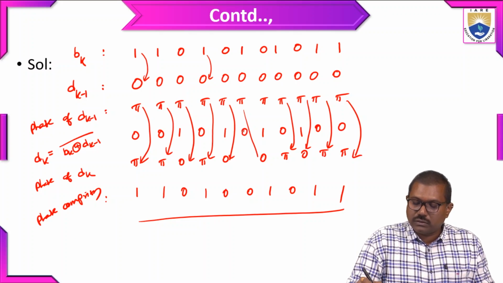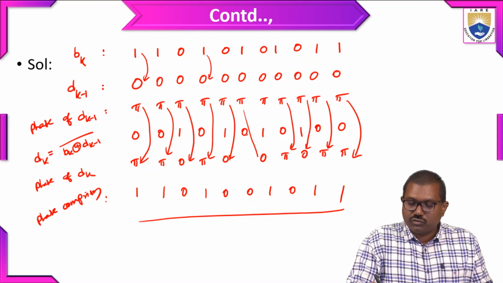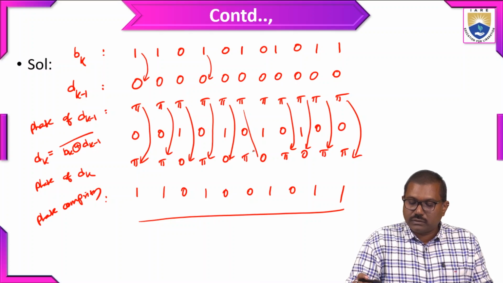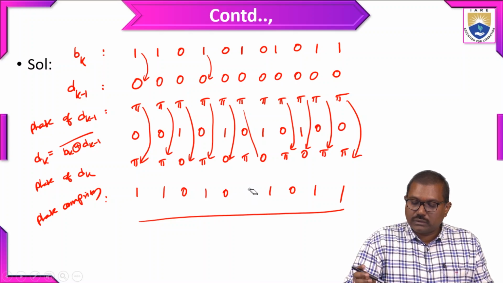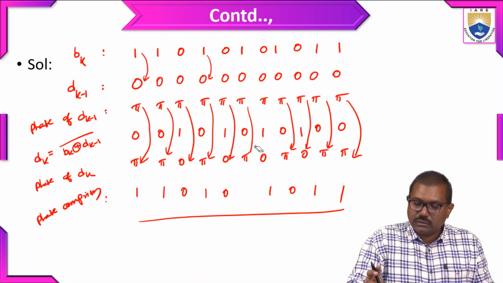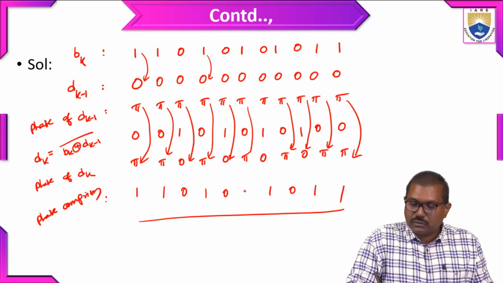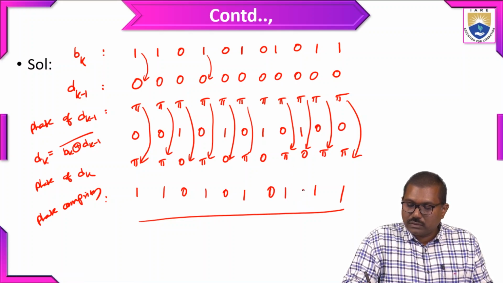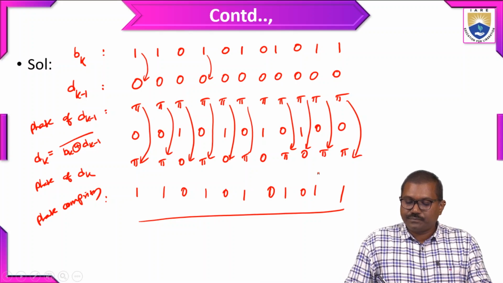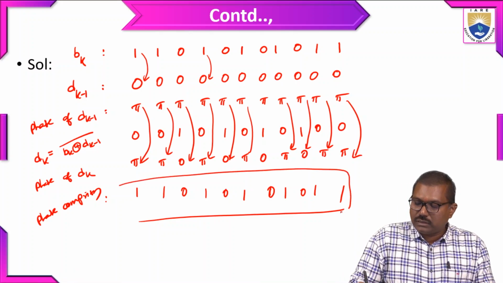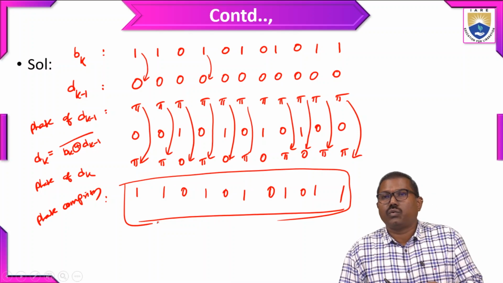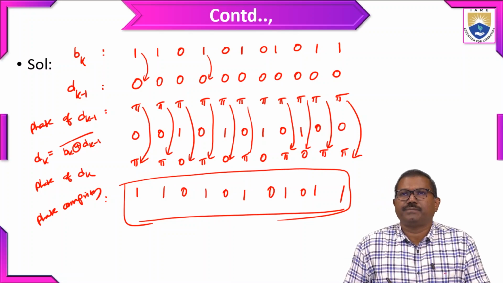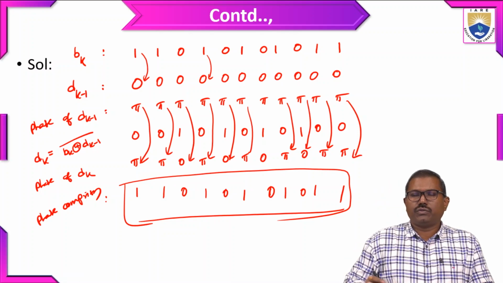Here 0 is missing, but 0 is the phase. Yes. This is the required sequence. Okay. I hope you understand well.